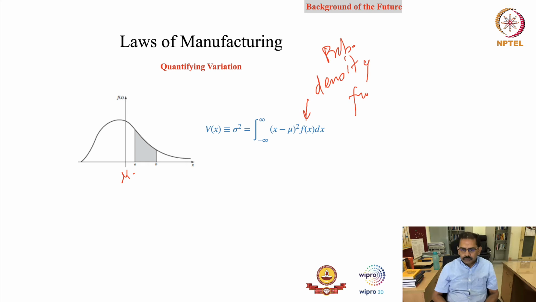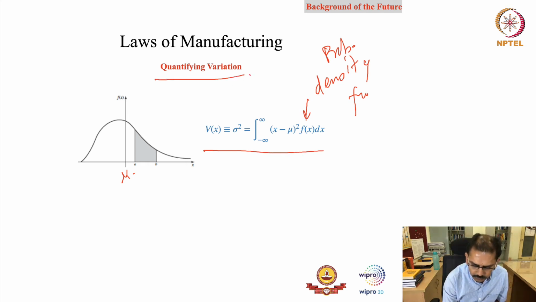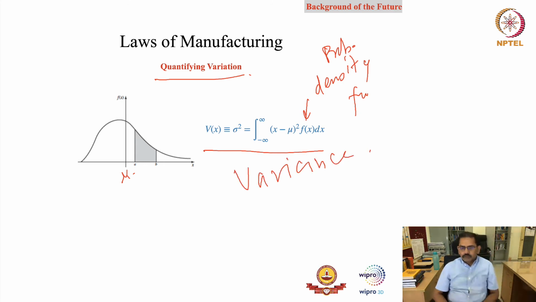Now, what we want is how you quantify the variation, correct? So this is the typical formula for variance, which says that given the mean, right, how that mass is distributed with respect to that mean, right? So if you have seen say center of gravity or moment of inertia, they actually do the same thing for a rigid body, right?